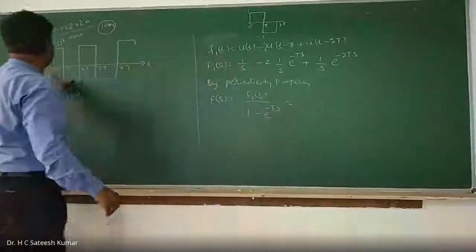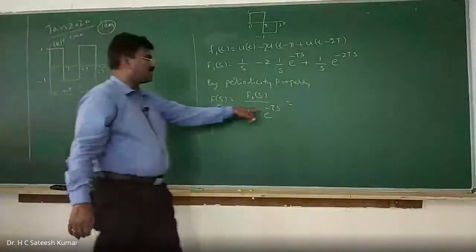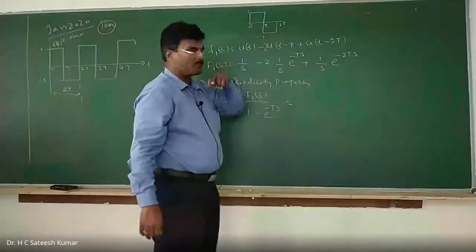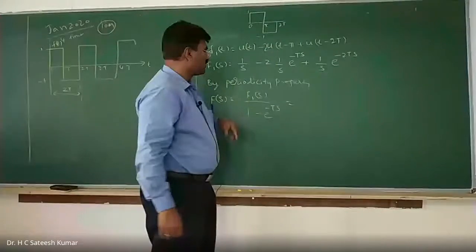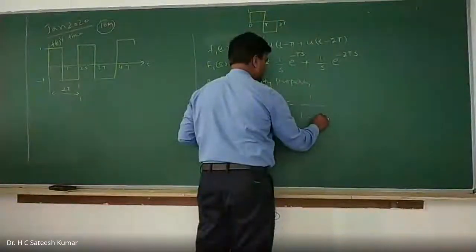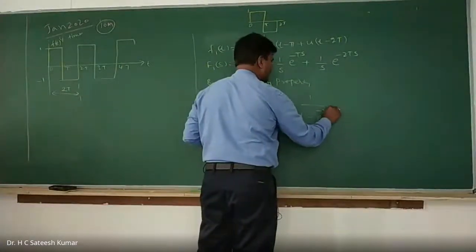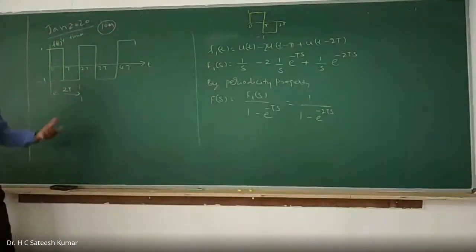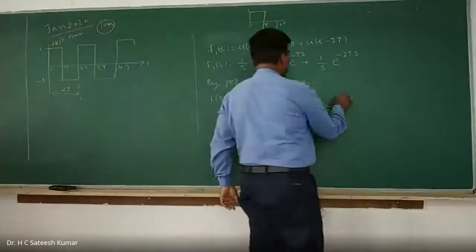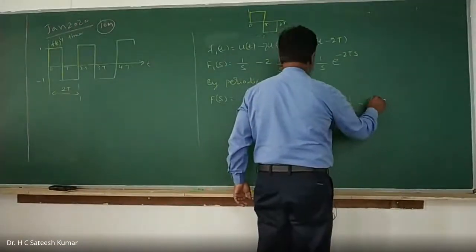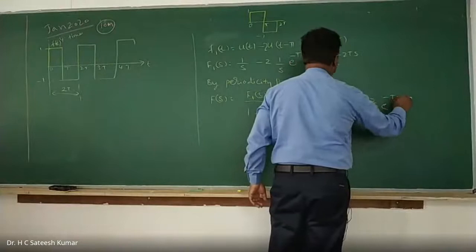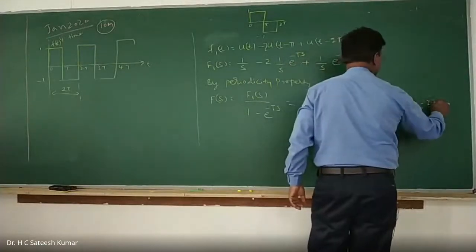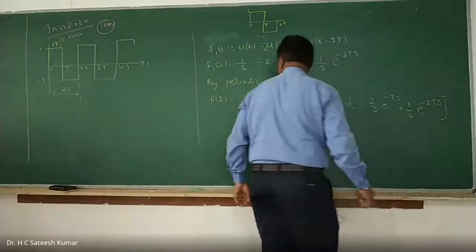This period is 2T, not T. This T indicates one cycle, and this T is different. Therefore you can write 1 divided by 1 minus e to the power of minus 2Ts, because here the period is 2T, into 1 by s minus 2 by s into e to the power of minus Ts plus 1 by s into e to the power of minus 2Ts. So that is your answer.